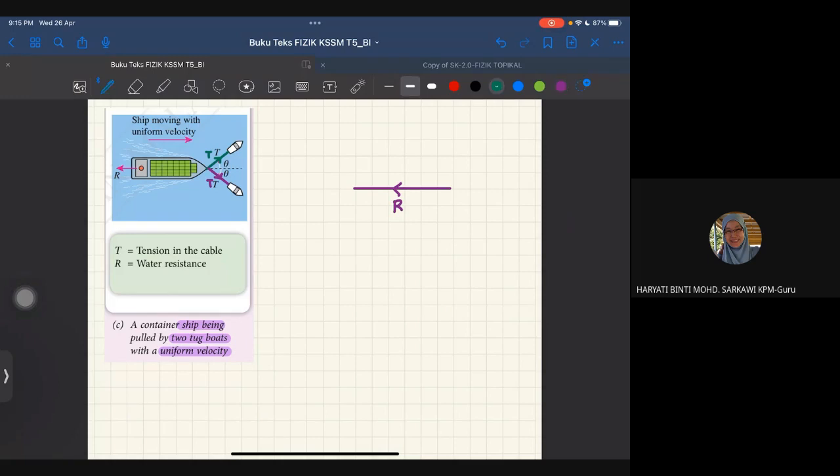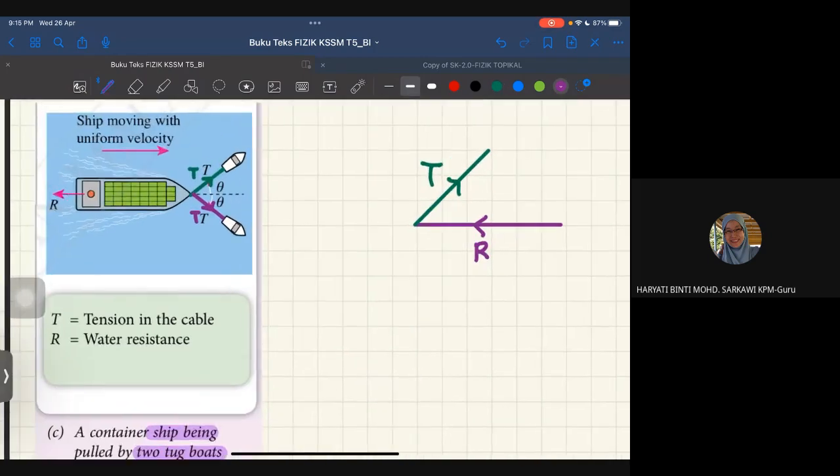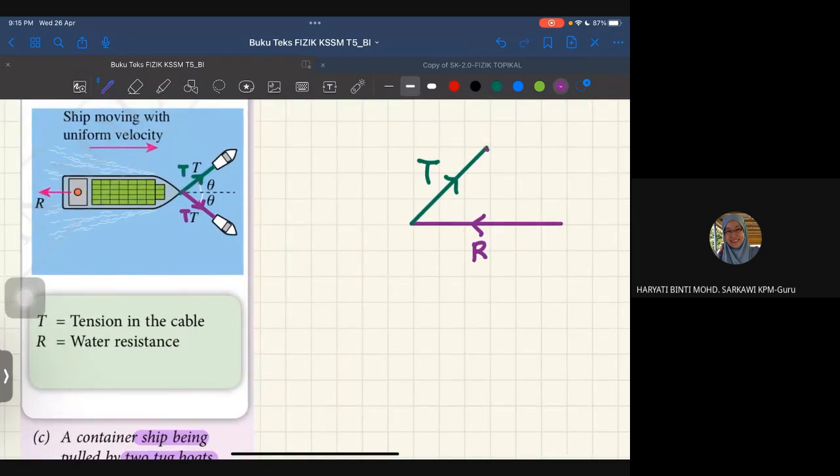Let's say we continue with the green T, so we draw like this. And then the purple T, you draw behind the second force, so here. See that? We don't change the direction. R is still horizontal, the green T angle we don't change, and then the purple T is downward like that.